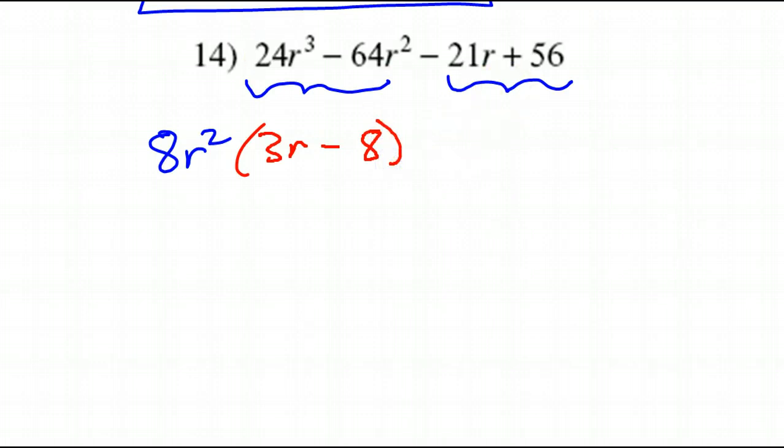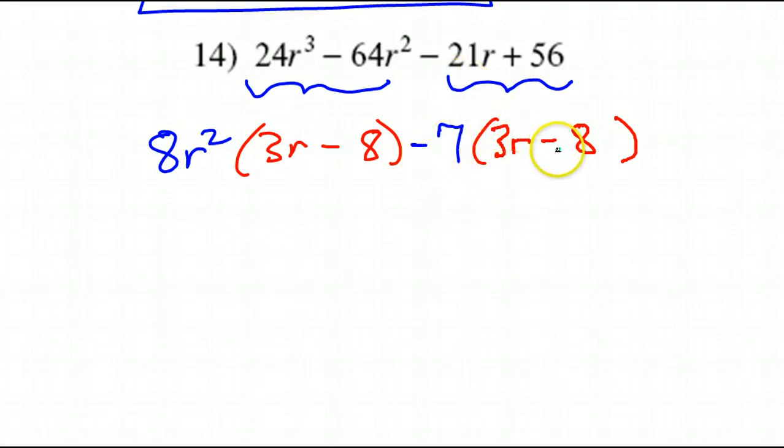Okay, similarly, on the right-hand side, both of these are divisible by 7. So I'll pull out my negative 7. Guess what that's going to leave in here, guys? Any guesses? That's going to be 3r minus 8. Negative 7 times 3, negative 21. Negative 7 times negative 8 is positive 56.